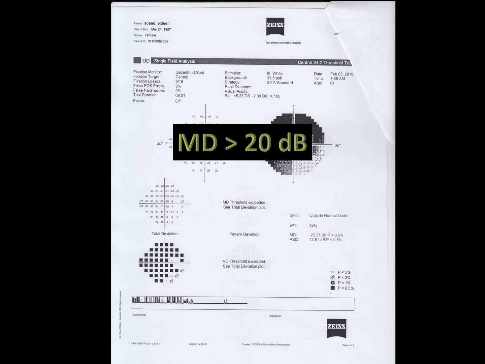Again, because of the problem of such an adjustment, in the Humphrey, when the mean deviation reached -20 decibel, the software stopped printing the pattern deviation altogether to avoid such a mistake.